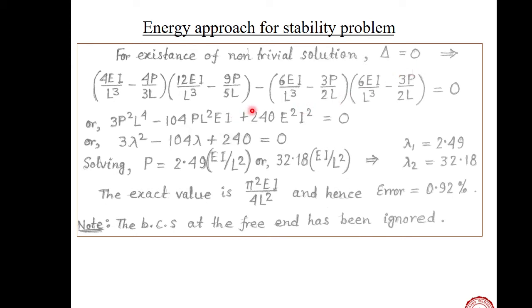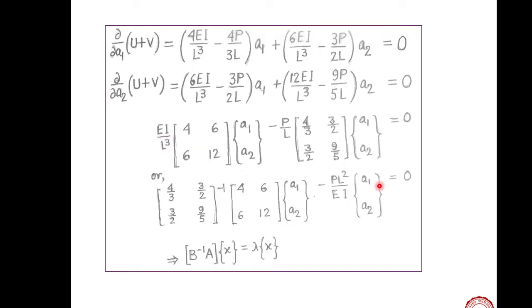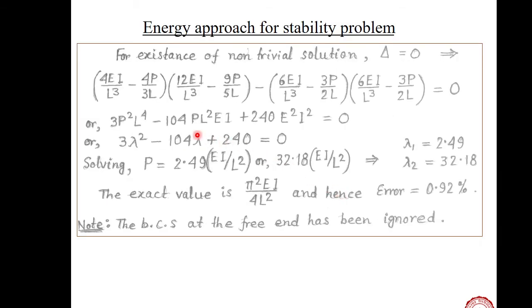So expand it, from where we get a quadratic equation for this lambda, which is basically PL square by EI. So this equation is now expressed in that form. You have to multiply all the terms by L cube by EI.